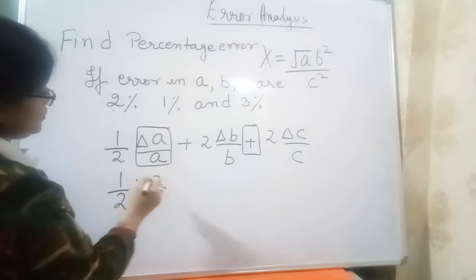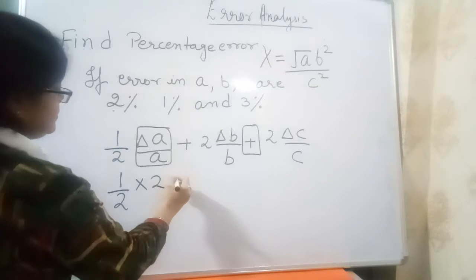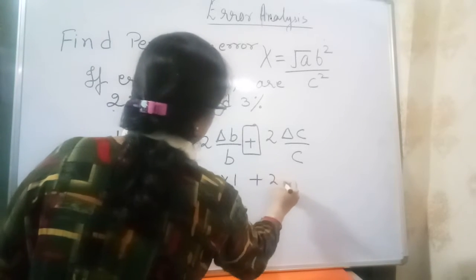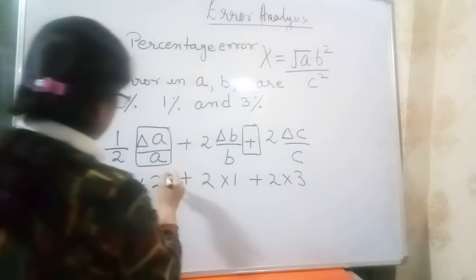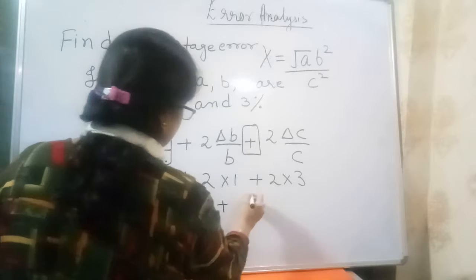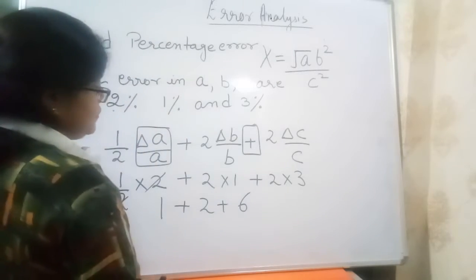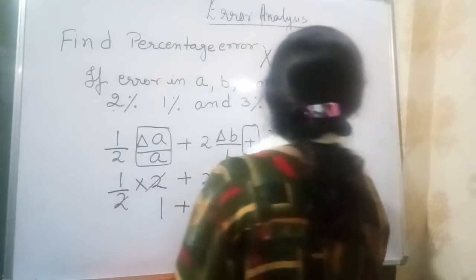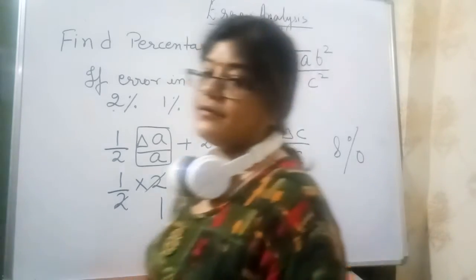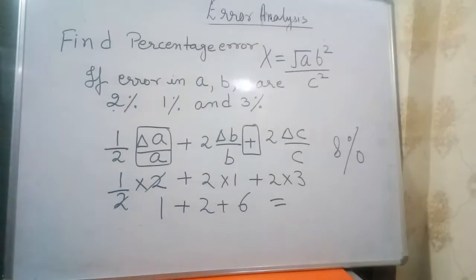Just simply write 2, not upon 100. Then 2 into 1, then 2 into 3. Now this gets cancelled. We have 1 plus 2 plus 6. That means we have 8% total error. Clear? I am just leaving for a while. You note it down.